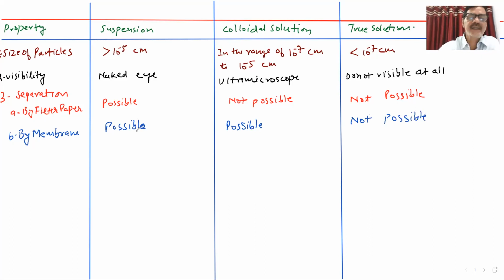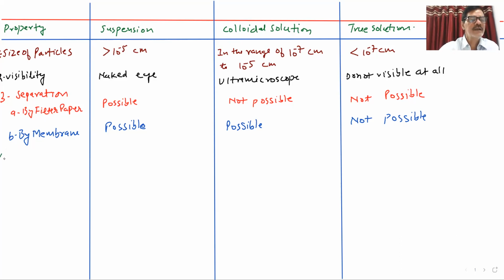So separation means the separation of solid particles from solvent particles. For suspension, solid particles can be easily separated with the help of filter paper or by membrane. But with filter paper in colloidal solution, they cannot be separated. For true solution, it is not possible to separate the solute from solvent. So this is the third property, separation.